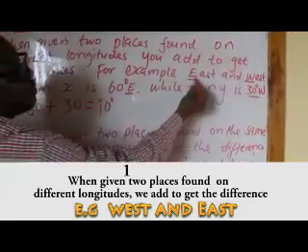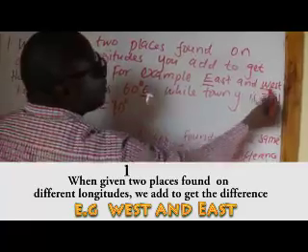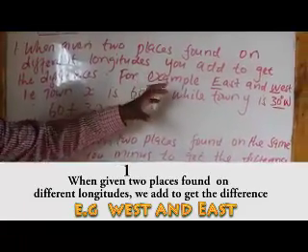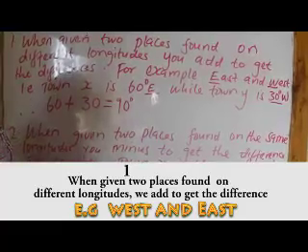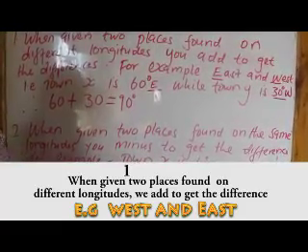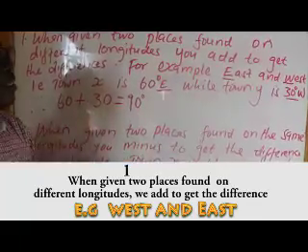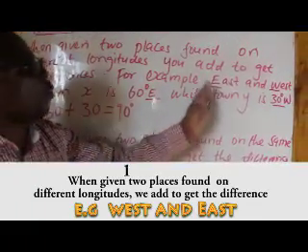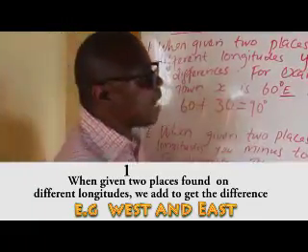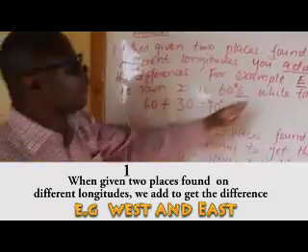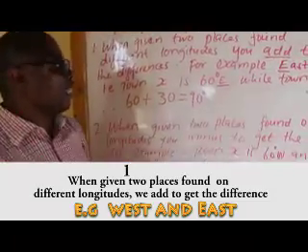The first longitude is on the east, and another one is to the west. So supposing you are given a question that has two places indicating two different longitudes, that is east and west, or even vice versa, west and east, you add to get the difference.